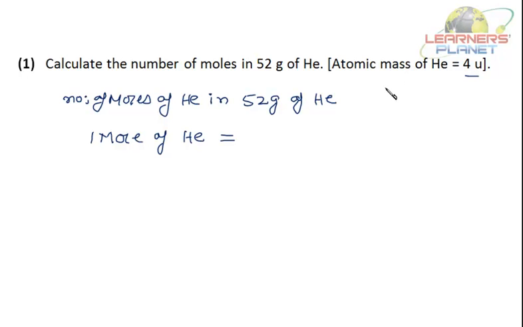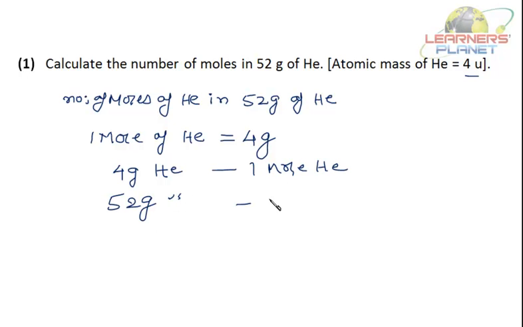Gram atomic mass. So 1 mole of helium will have a mass equal to 4 gram. Right? Now 4 gram of helium makes how many moles of helium? 1 mole of helium. Right? So 52 grams of helium, it's very simple, will be how many moles? 1 by 4 into 52. So this will be calculated fast. It will be 13 moles. So 52 grams of helium contains 13 moles of helium.